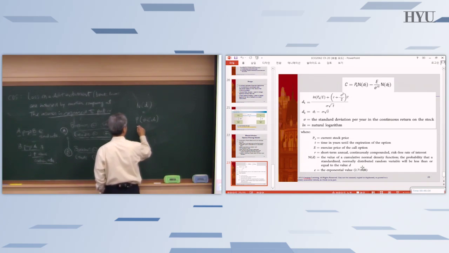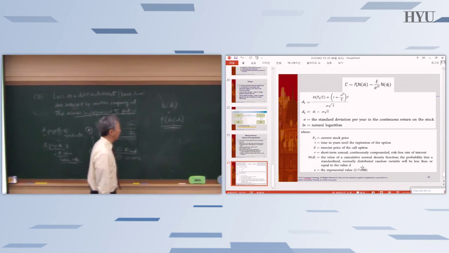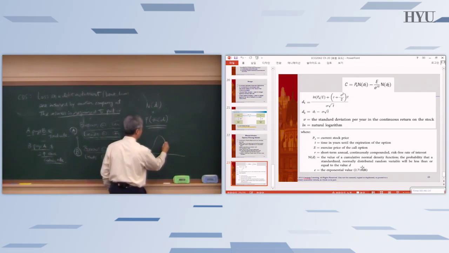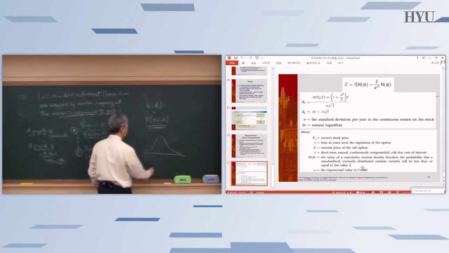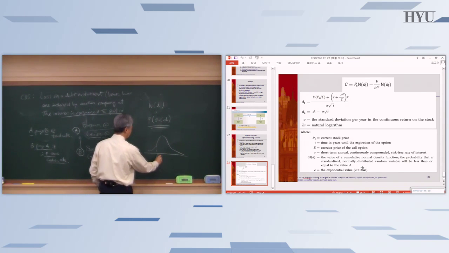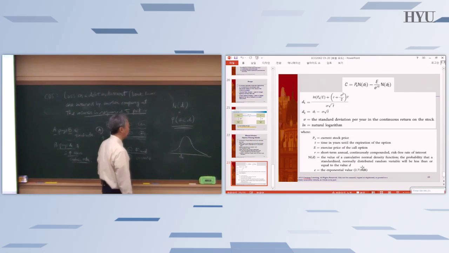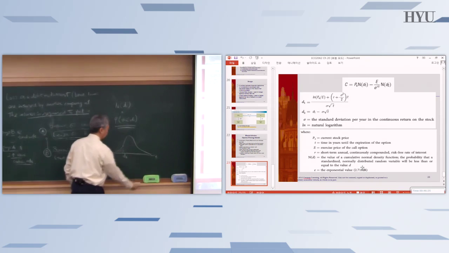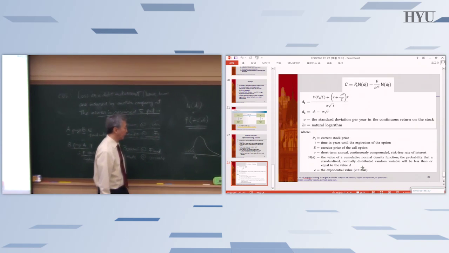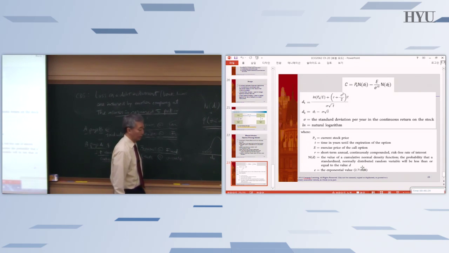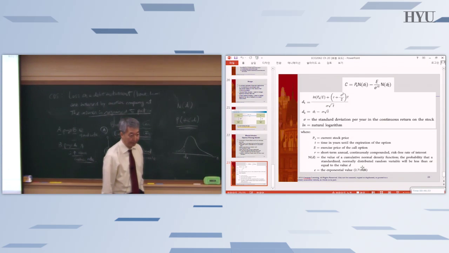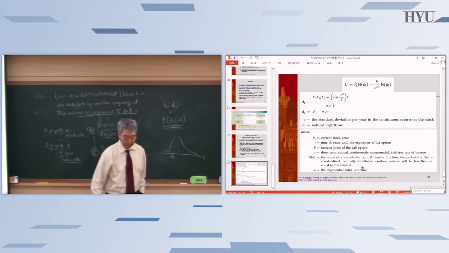In statistics, we write it this way. When you have a standard normal distribution, what's the probability that your Z value, the standard normal variable, will be less than D1? The same thing with N(D2).